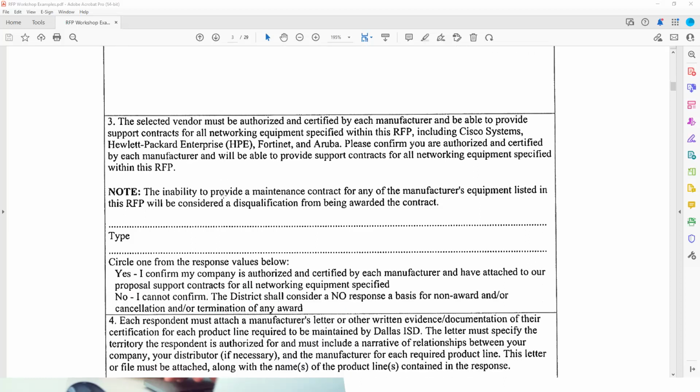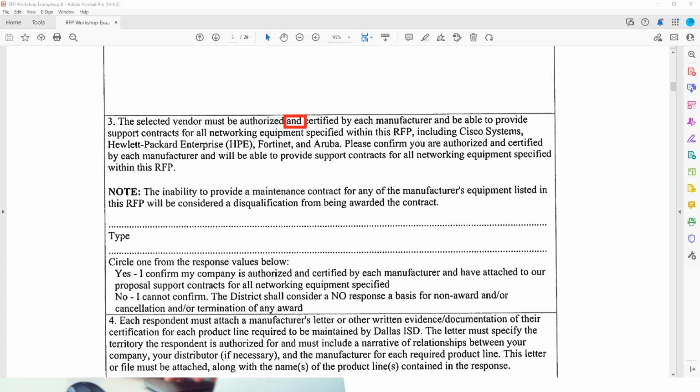Then we want to talk about the selected vendor must be authorized and certified. One of the things that I love about the English language, it seems like the smallest words have the largest impact. The small word that I'm thinking about in this moment is "and." Right here. So it's saying that the selected vendor must be authorized and certified.